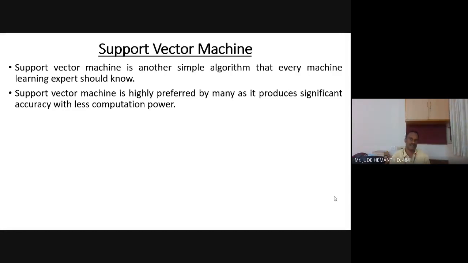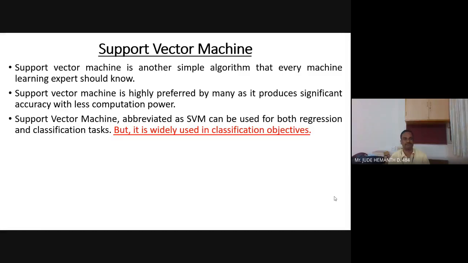Right? The accuracy seems to be a bit high in comparison to our decision trees, and at the same time, the computational power, or we can say the number of mathematical equations or the complex stuff in your SVM is less. When I say less, it is not zero. In comparison to your decision trees, you can say it is a bit better.